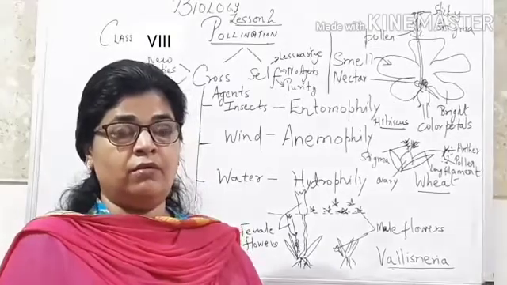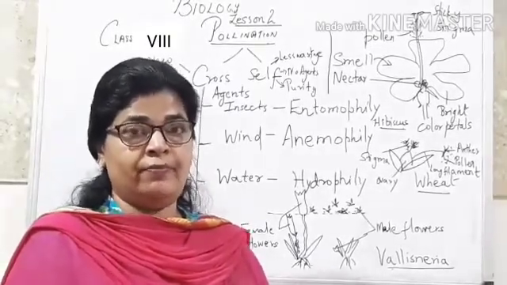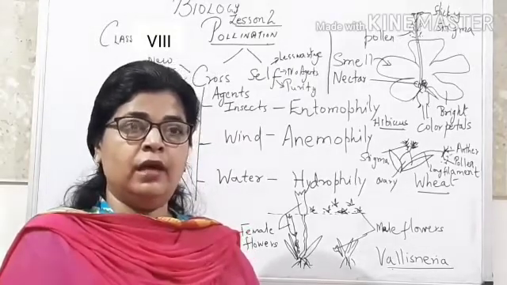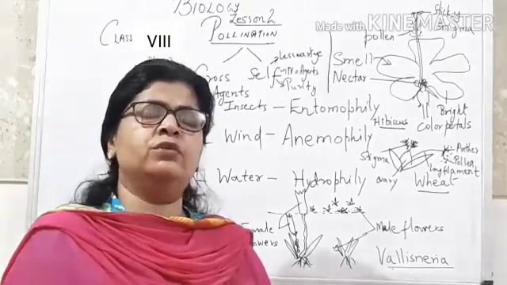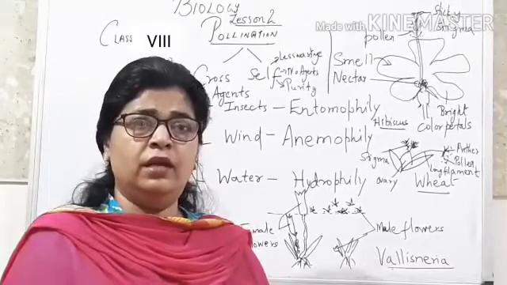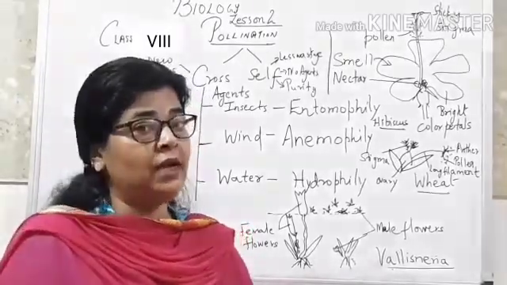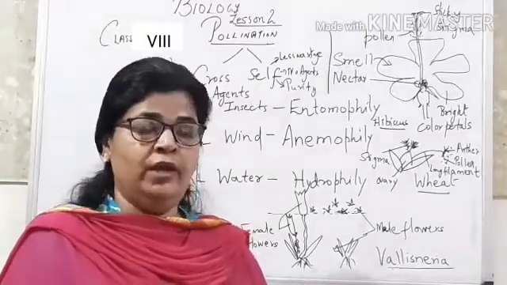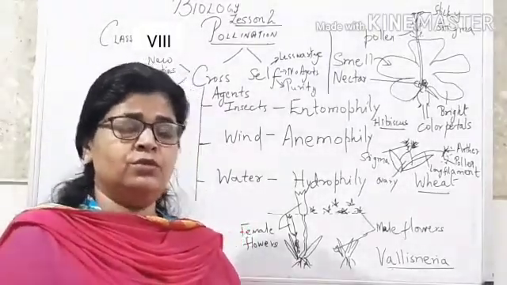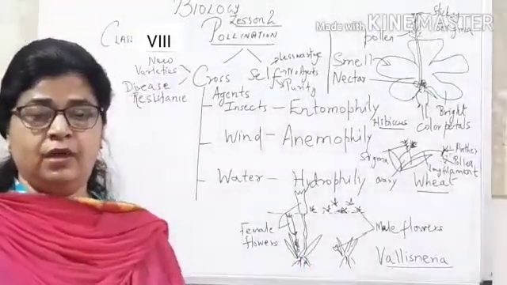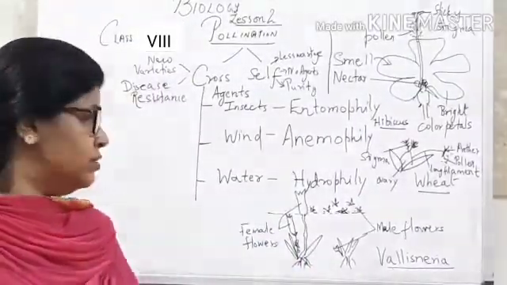Anthers itself are very long, thread-like, so that they can break easily away in the wind, and pollen grains are produced in huge amounts. They are very light, dry, small in size, so that they are easily carried away by the wind. You can see such flowers are found in wheat, grasses, rice, etc.